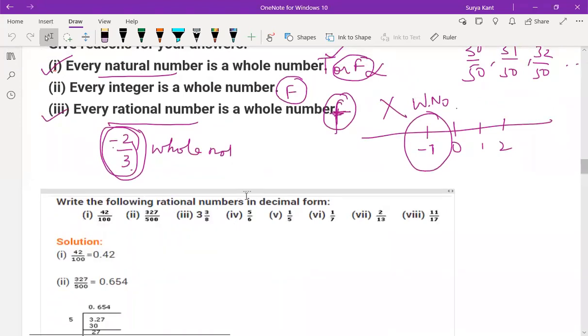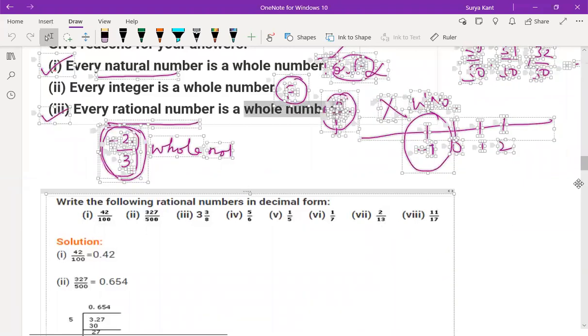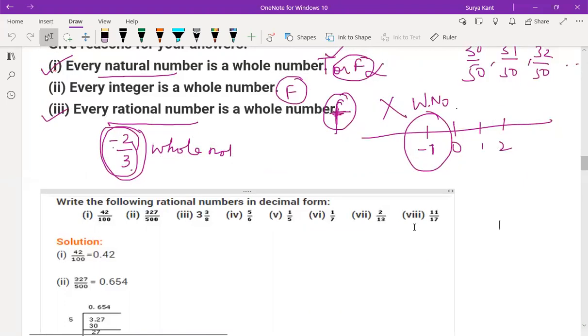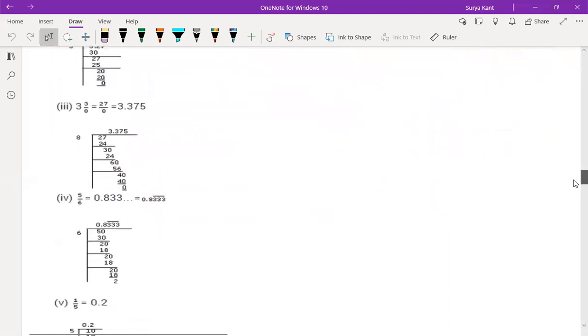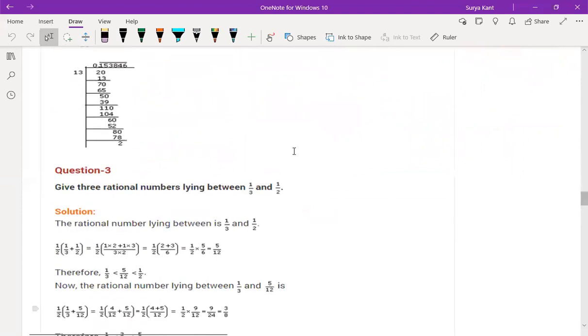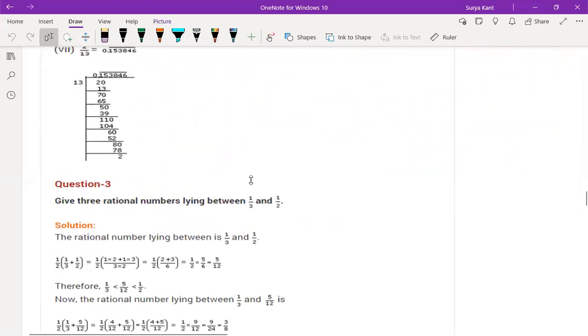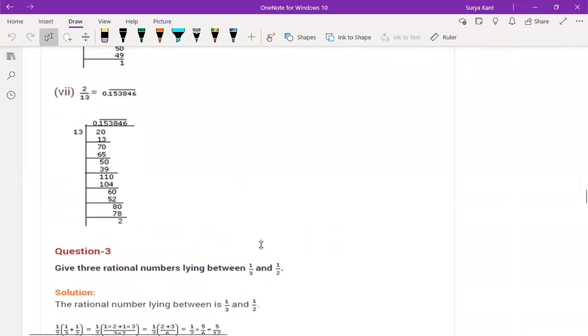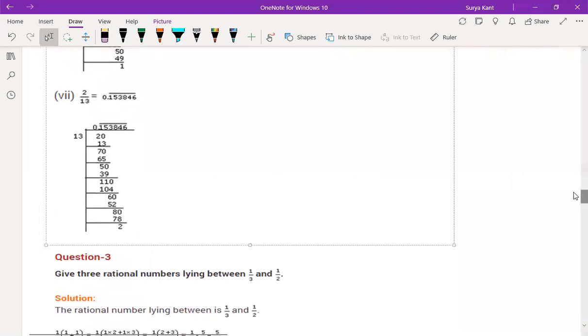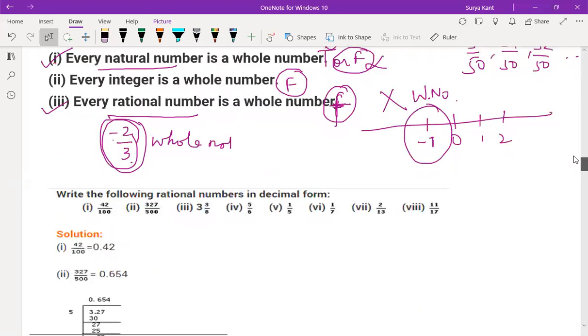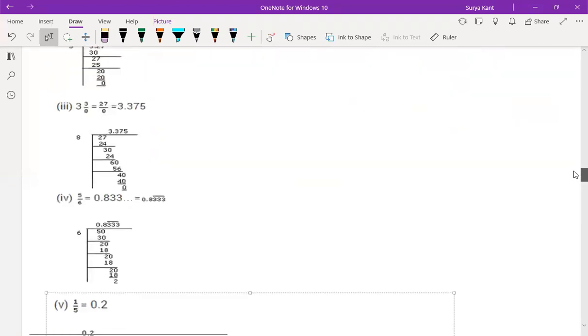All of you can write this in decimal form or not? All of you can write 11 by 17. Do this last sum, 11 by 17. What are you getting? Just tell me. What is the answer for this?